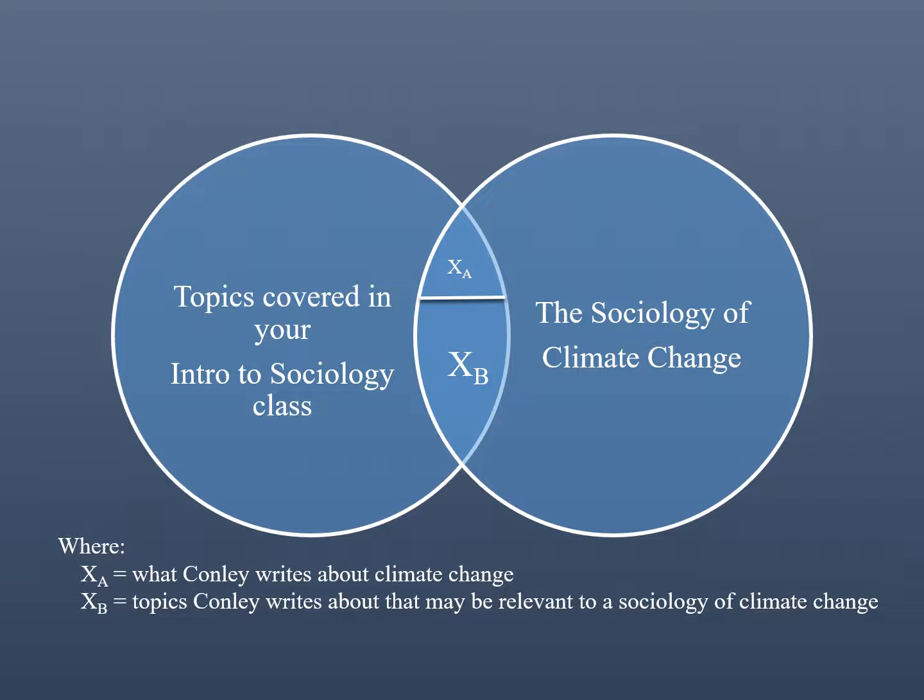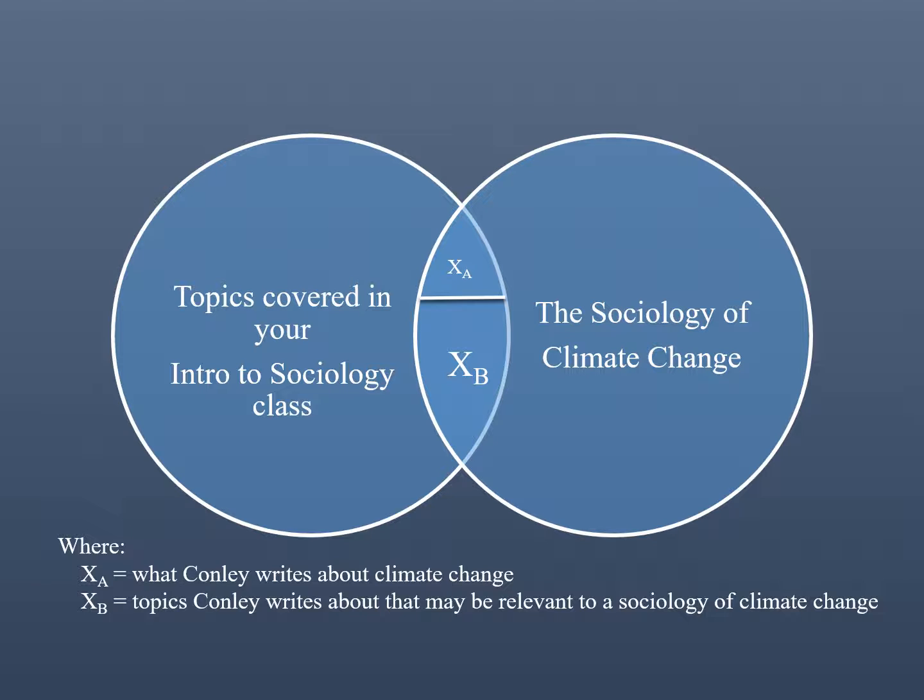Those are all the potential points of intersection between this textbook and the climate issue. So, in this case, Section X, Subpart B, of our Venn diagram turns out to have quite a lot in it. That said, there is inevitably a lot of Conley's book that falls into the left side of our Venn diagram.